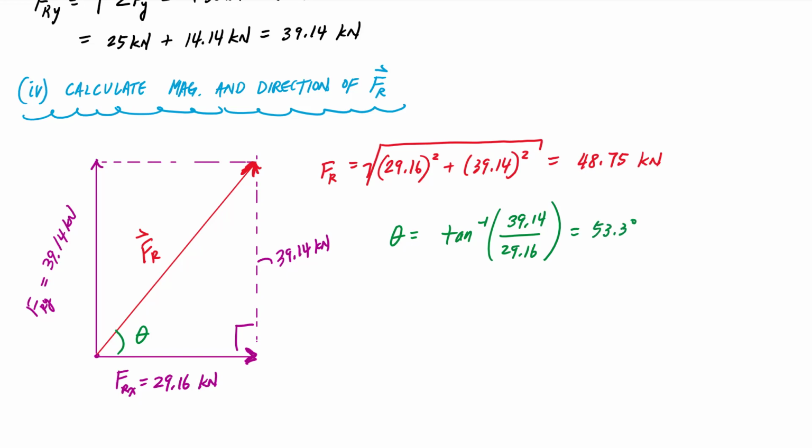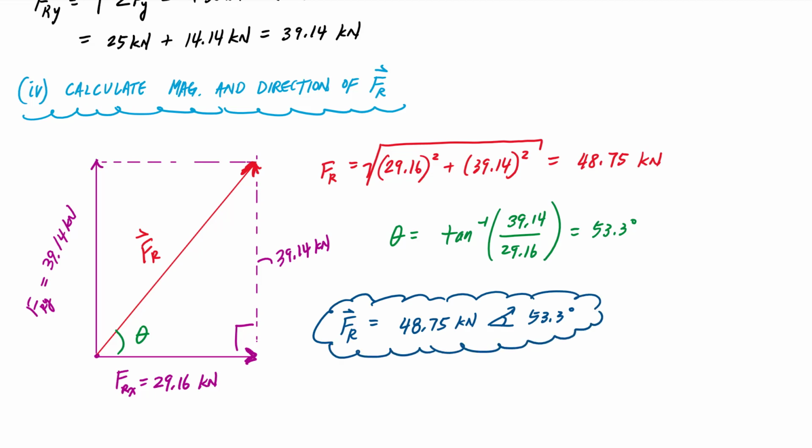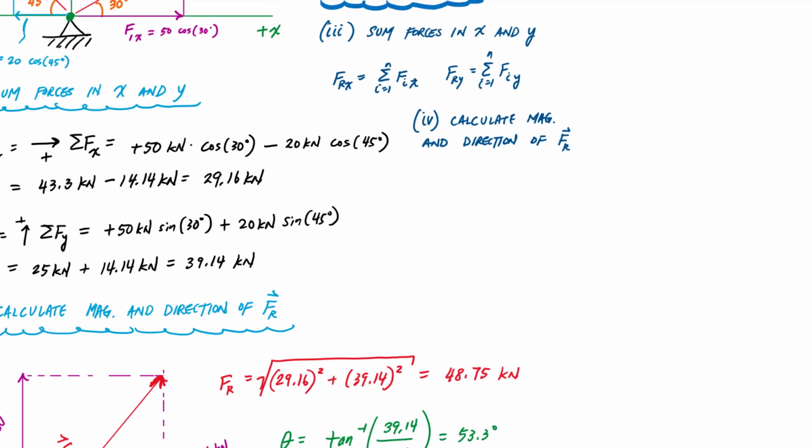So I could write my final answer as FR is a vector with a magnitude of 48.75 kilonewtons at an angle from the horizontal of 53.3 degrees. This would be the resultant or equivalent force system that has the same external effect as what I was given. So this is considered the scalar approach.